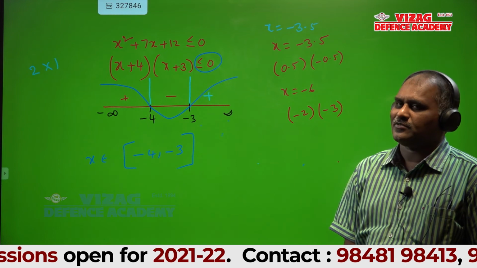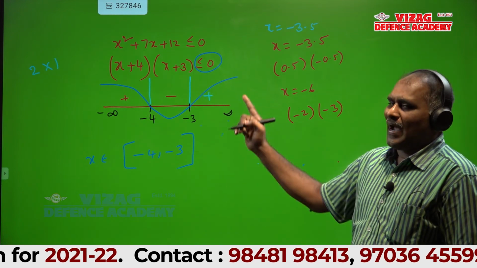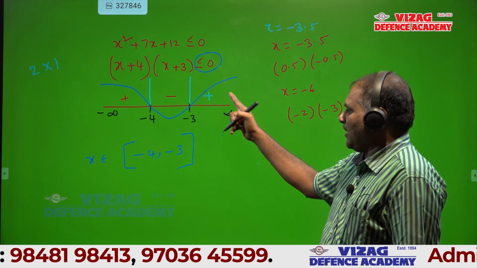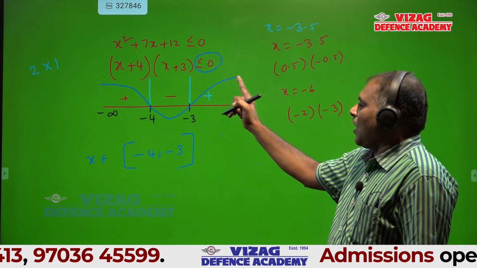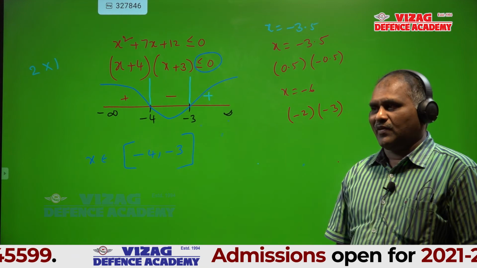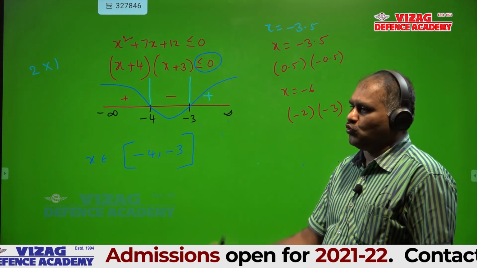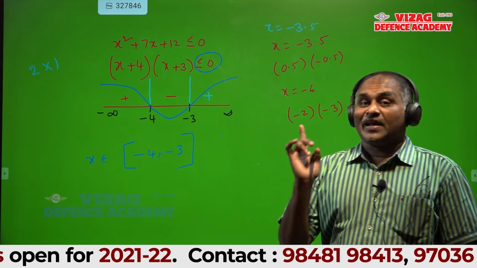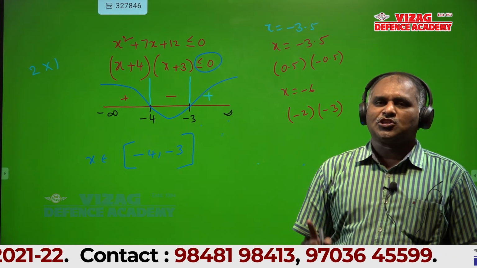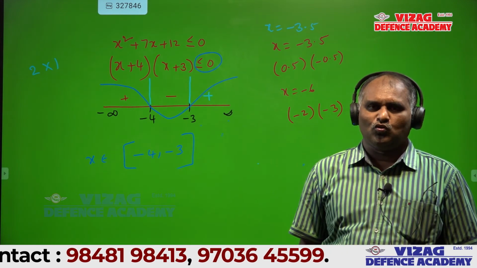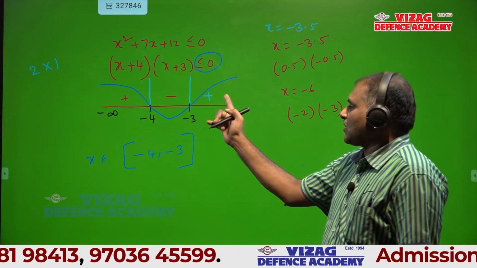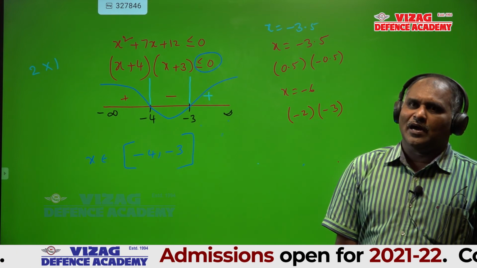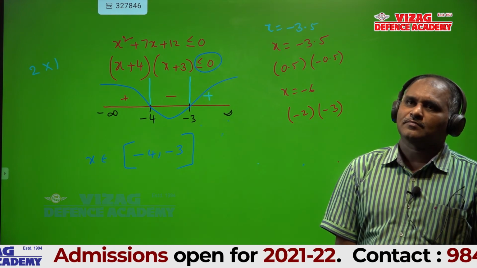In that interval the function sign is always positive. Remember that point: the last interval on the right-hand side should always be positive. After that, you can put alternate signs. Understood?